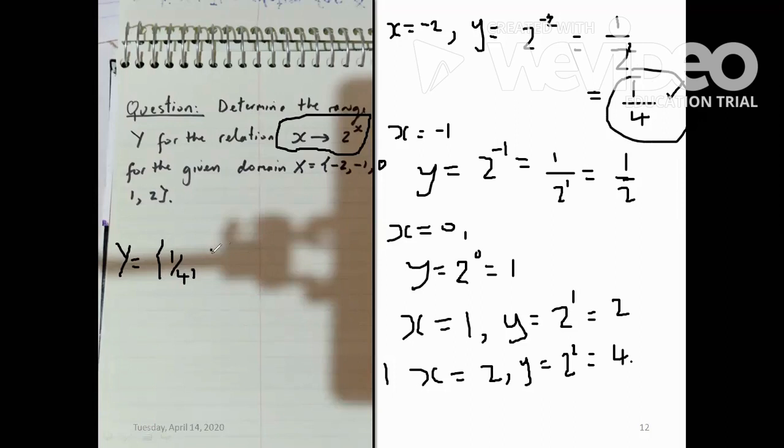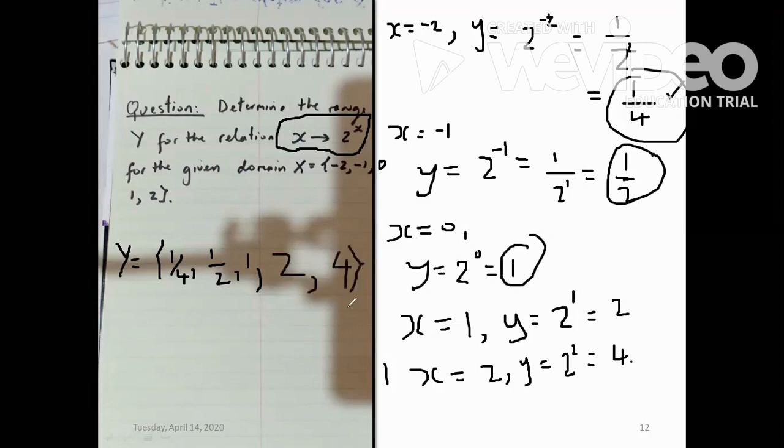Then we have a half. Then we have 1. This one here. Then we have 2. Alright, so that's the answer. Alright guys, so these are the basic concepts of what a relation is.